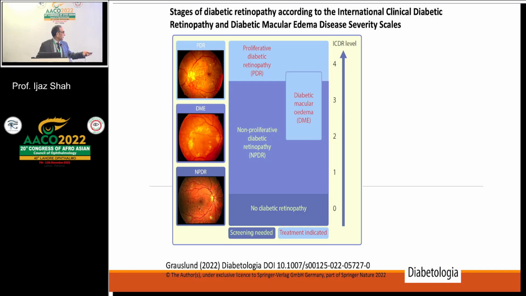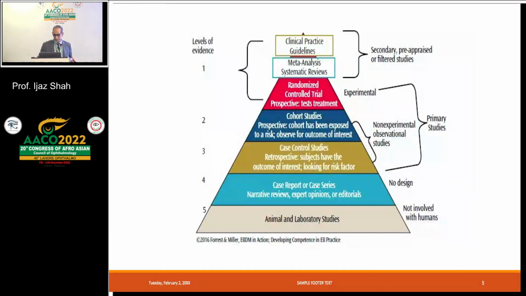We know diabetic macular edema and proliferative diabetic retinopathy are the two main things. I believe Professor Rahman is using these levels of grading for his projects, so maybe it can be married together with what I feel is really good.